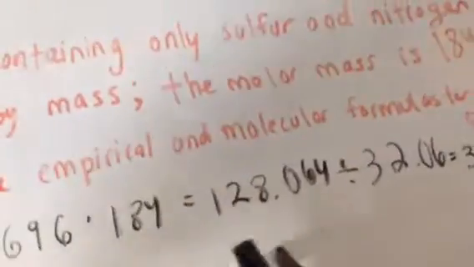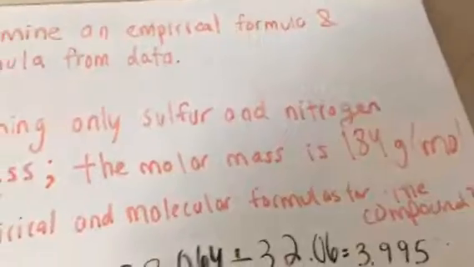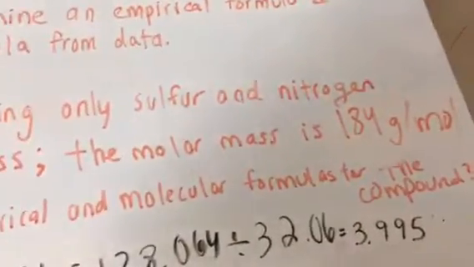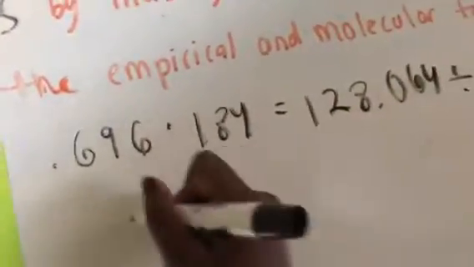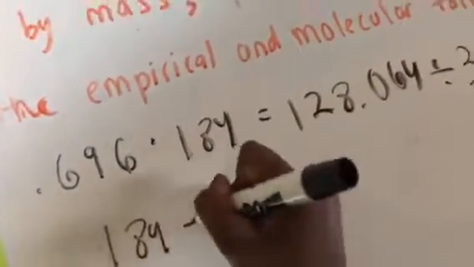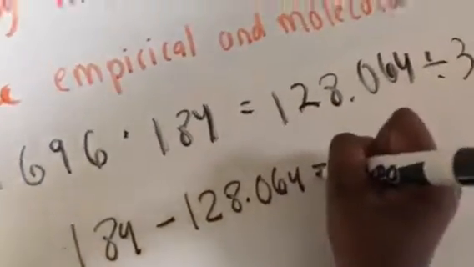So since we know we have 128.064 grams per mole of sulfur, we can subtract from this to find the mass in grams per mole of nitrogen. So 184 minus 128.064 equals 55.936.